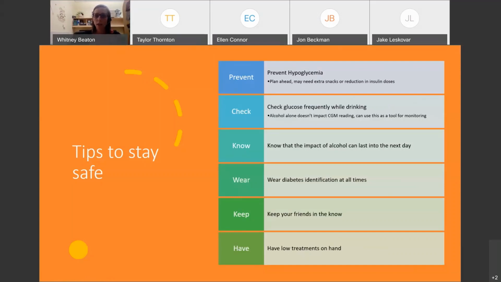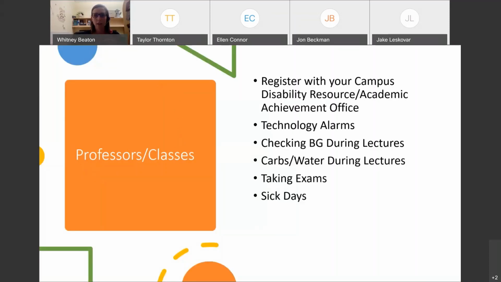So be checking your blood sugar more closely, and like Cassie said, perhaps set an alarm if you need to get up to check your blood sugar in the middle of the night, or alert someone to help you with that. We want you to wear that diabetes identification at all times, especially when you're drinking, letting your friends know and having someone who's looking out for you, and then also having plenty of low treatment on hand.